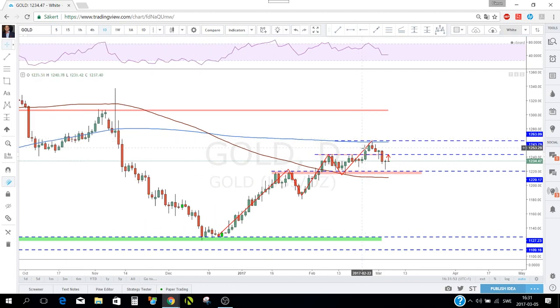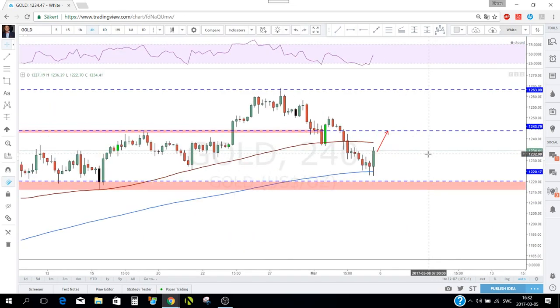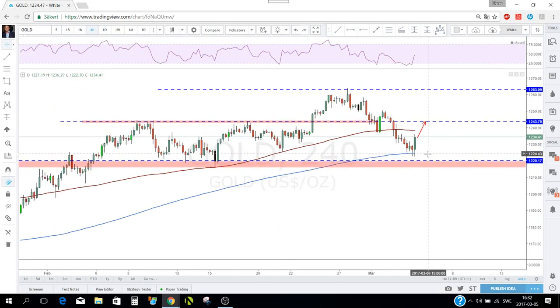You never know, but it's for sure a very good signal that there is some momentum shifting in the price, and next week is going to be very interesting, because as you know, there is a lot of news to be aware of, and we will see how price will react.